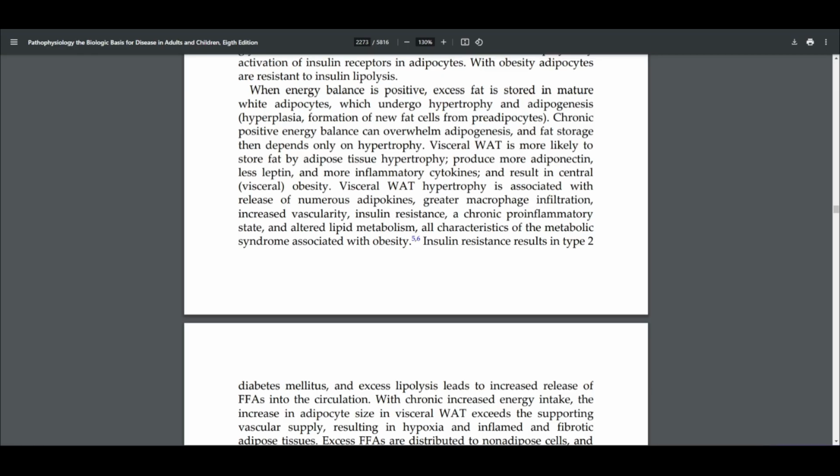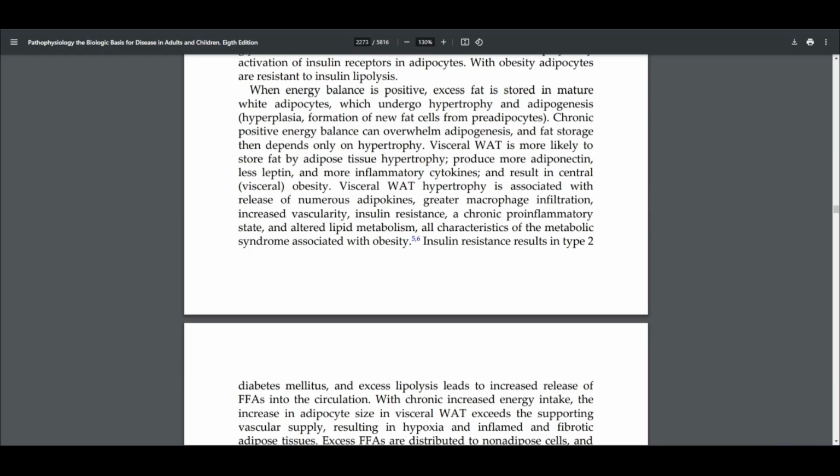Your visceral hypertrophy is associated with release of numerous adipokines, greater macrophage infiltration, increased vascularity, insulin resistance, a chronic pro-inflammatory state, and altered lipid metabolism, all characteristics of the metabolic syndrome associated with obesity.